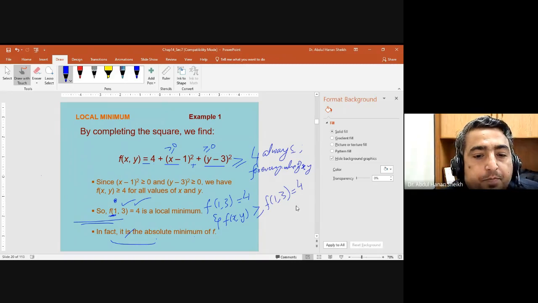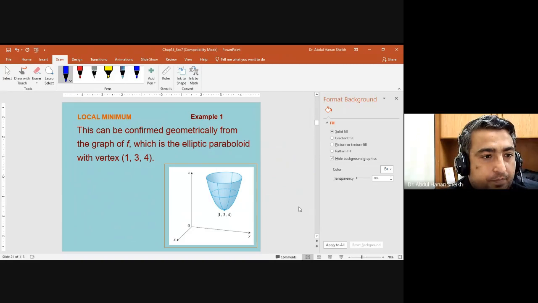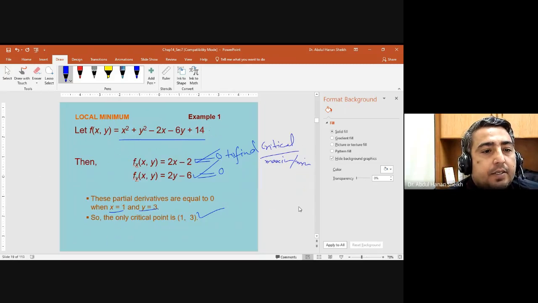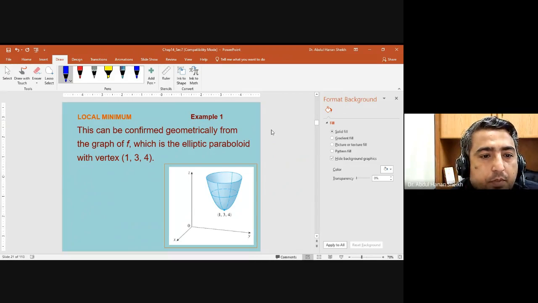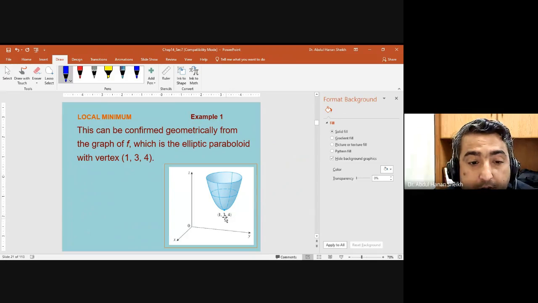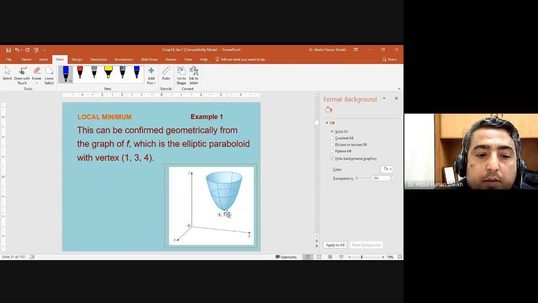All right, so done with example 1. And if you want to see the geometry or graph of this two variable function, you will have this paraboloid. In this paraboloid, 1 comma 3 is the minimum point where z is basically 4.